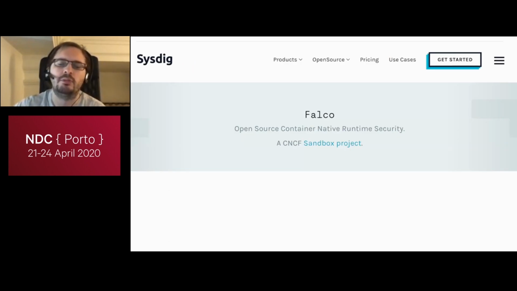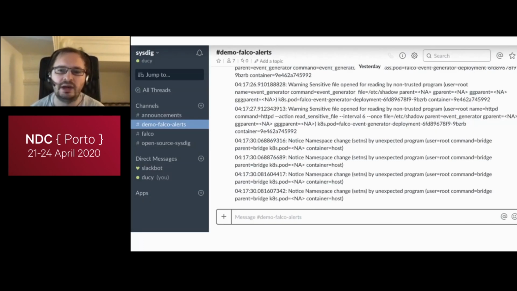But there are more advanced projects now, which give us a lot greater insight and a lot more control than what we'd have with networking capabilities alone. So one is a tool called Falco from Sysdig, which is now part of the CNCF. And this allows us to define alerts based on behavior and based on what's happening within our system.